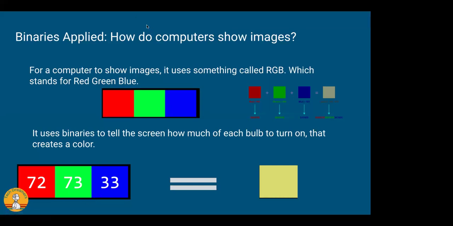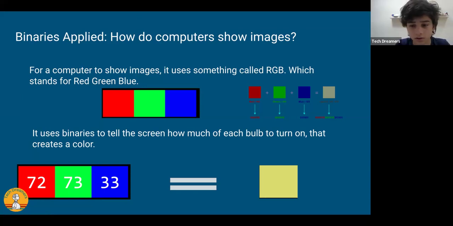So there was a screen where you went back to and you said 128 and 64 makes 255. Did I get that right? I'm sorry, your sound is cutting in and out.